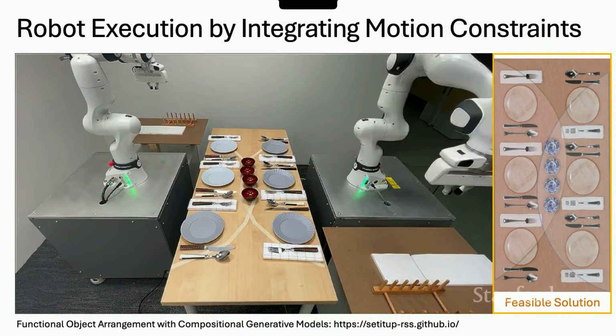So here I'm showing you a very simple extension, by extending the previous constraint optimization framework with more machine learning components, in this particular case diffusion models, so that we can achieve learning from demonstrations and then generalize to new kinds of spatial reasoning tasks.